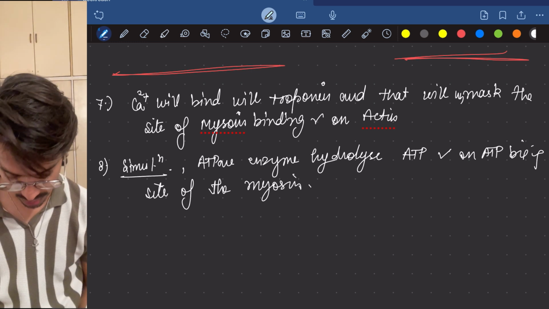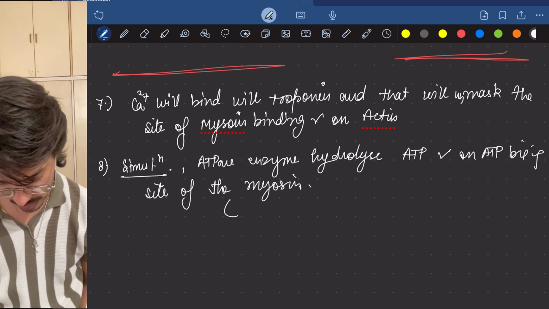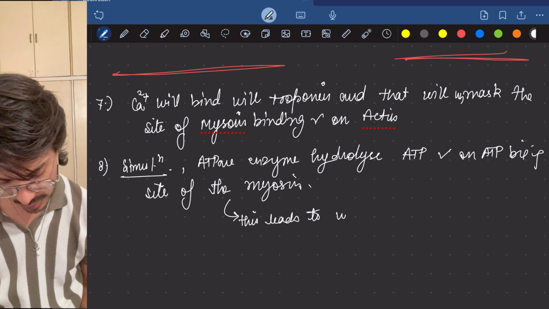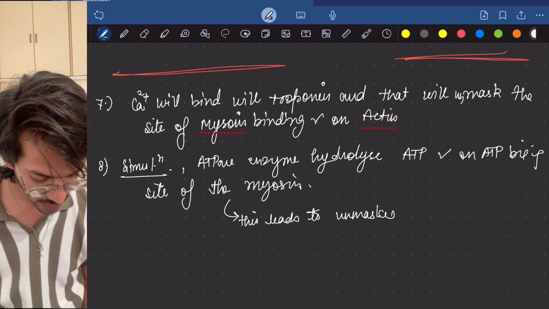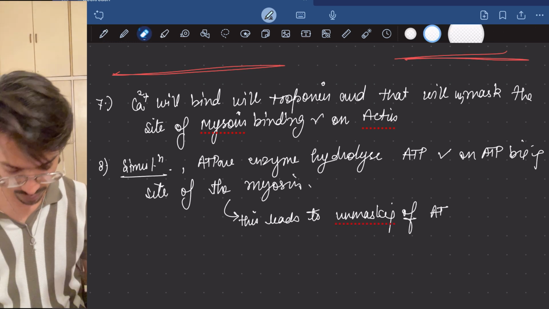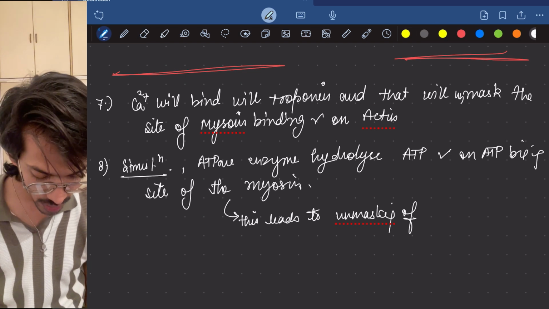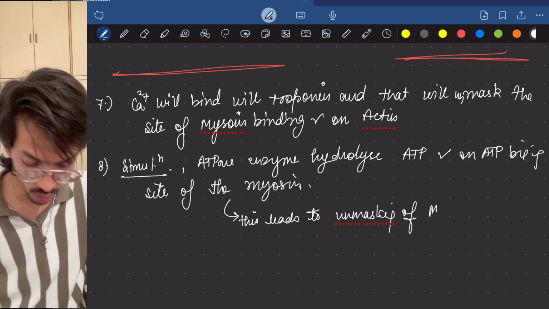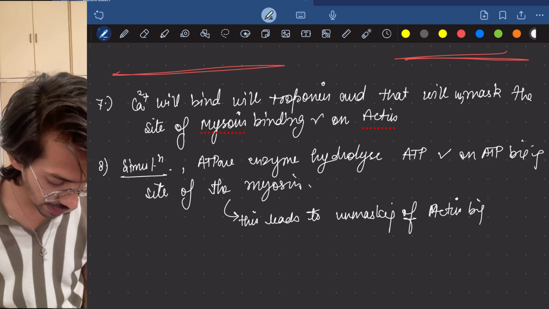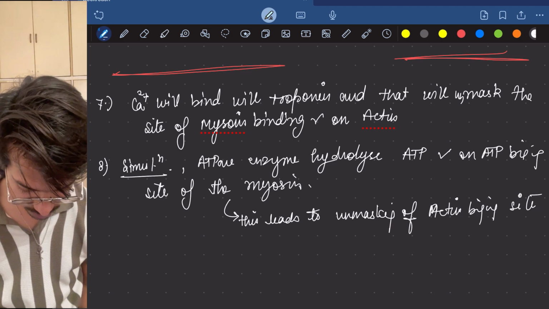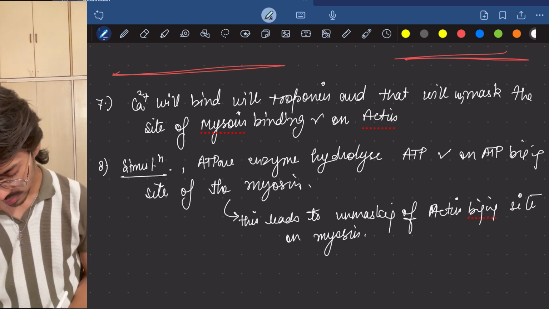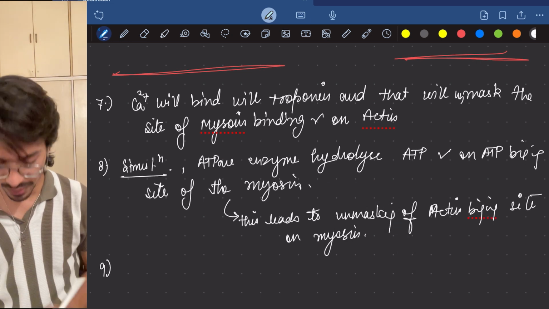Since this leads to unmasking of the actin binding site on the myosin, as they both are free, these sites are free, they will join.